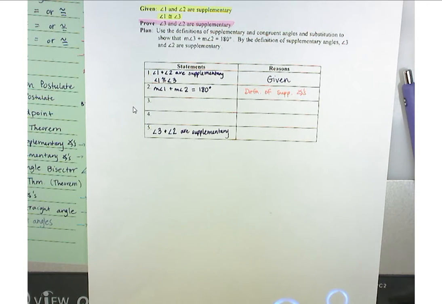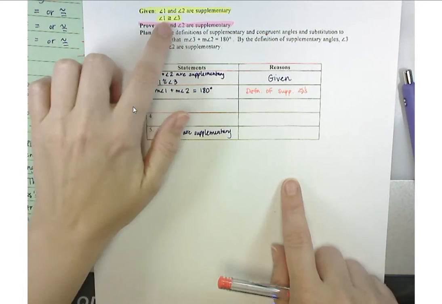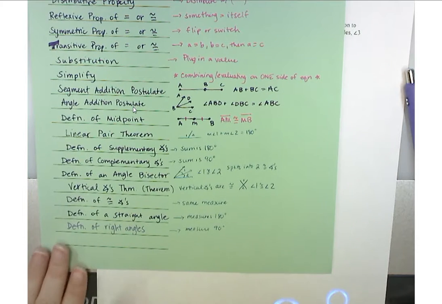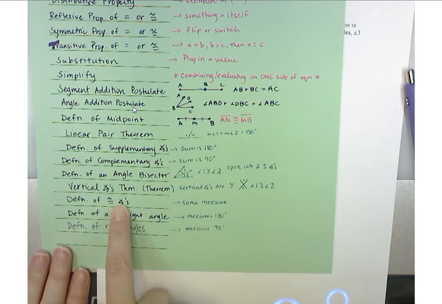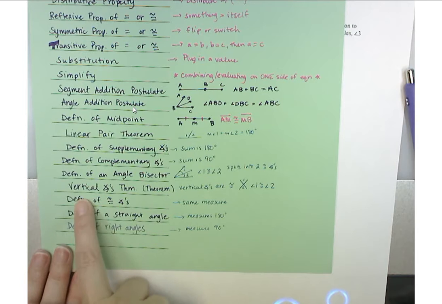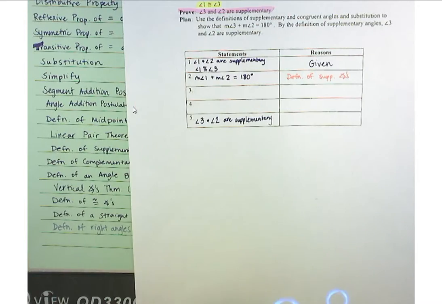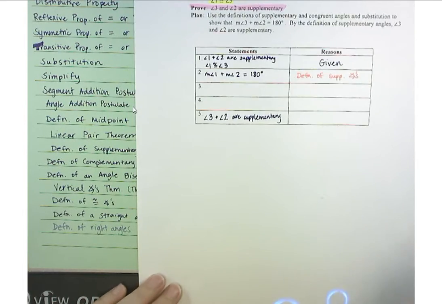It told us to use the definitions of supplementary and congruent angles and substitution. So if angle 1 is congruent to angle 3, we actually talked about this on our list. If the definition of congruent angles is used, that means the angles have the same measure. So if they're congruent, their angles have the same measure.